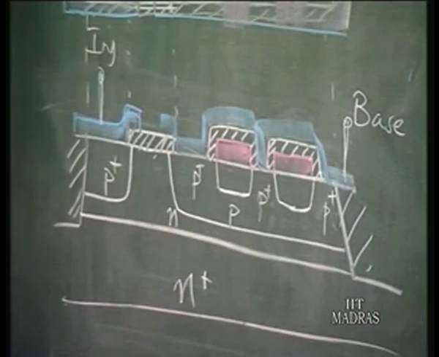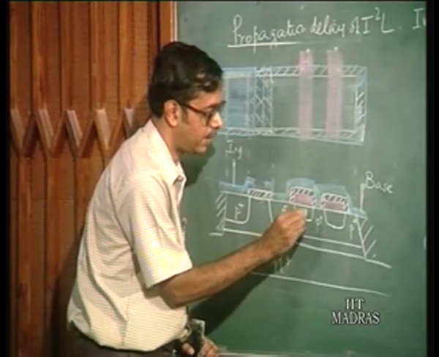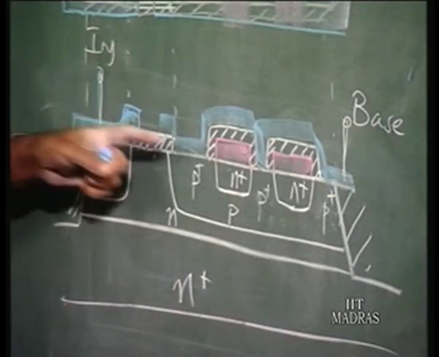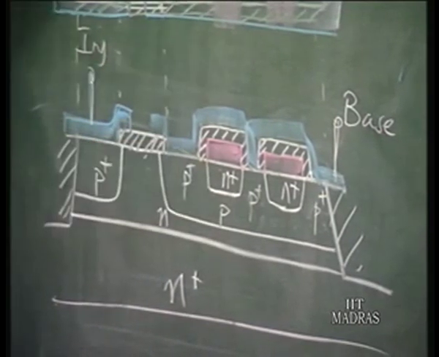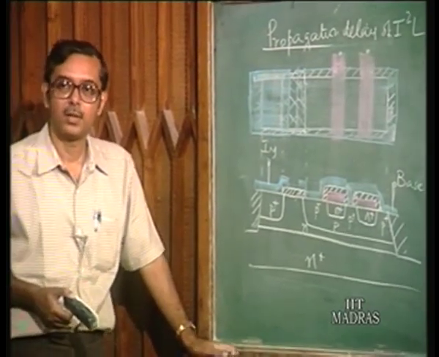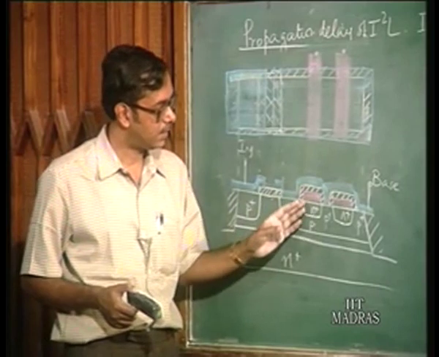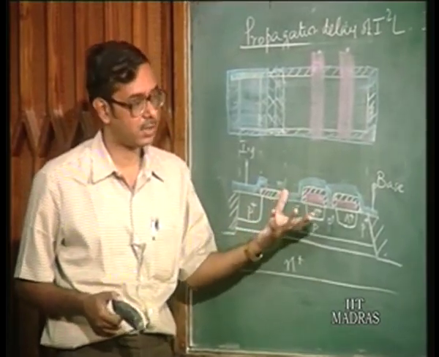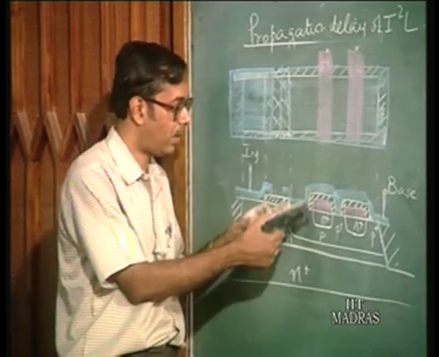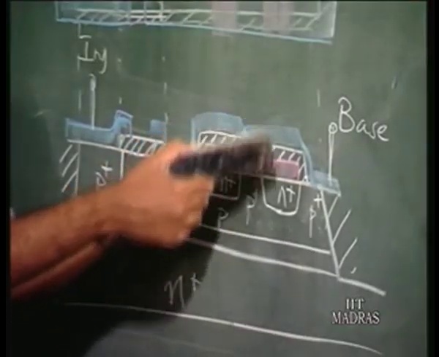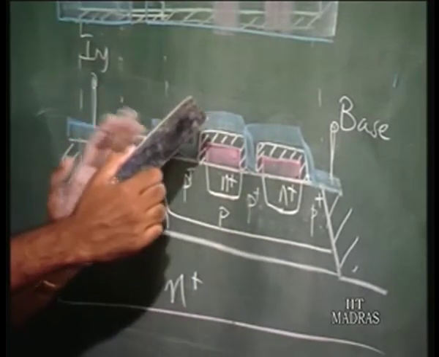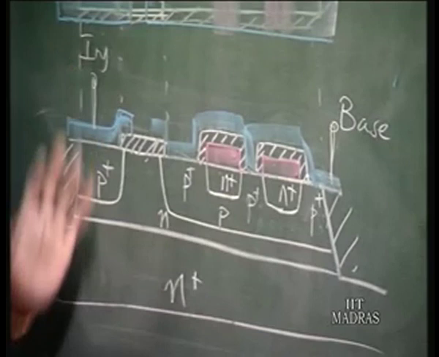So this is the final structure you have. You have the injector contact, the base contact, and the collector contact taken out. So this is a self-aligned process, where self-aligning means you have done a lot of processes without actually having to align, because all these regions, the extrinsic regions and the collector, are all aligned by themselves with respect to each other almost automatically.